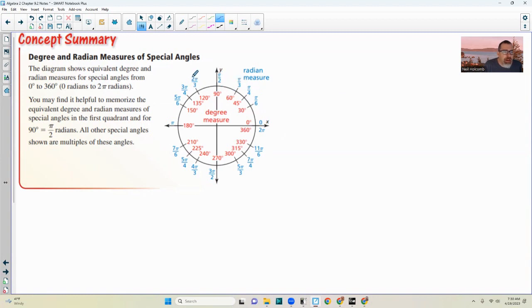And then this becomes 4 pi over 6, and so on. If we multiplied these up to get the same denominator, it'd be 1, 2, and so on. You may find it helpful to memorize the equivalent degree and radian measures of special angles in the first quadrant, and for 90 degrees, pi over 2 radians. All other special angles shown are multiples of these angles, as I said. So let's take a look at that.